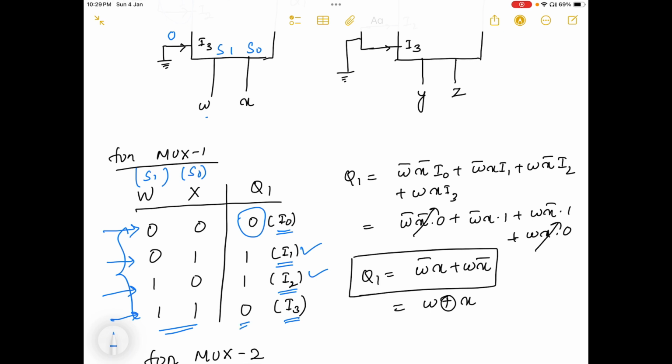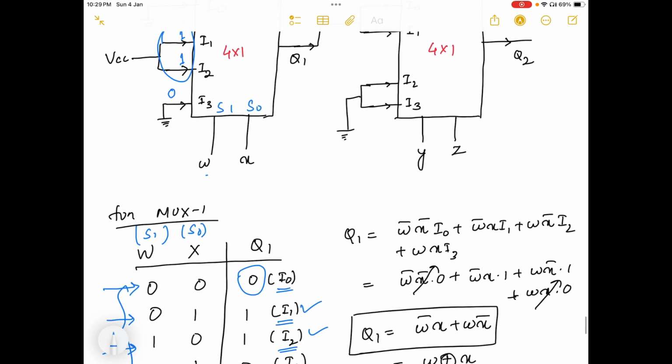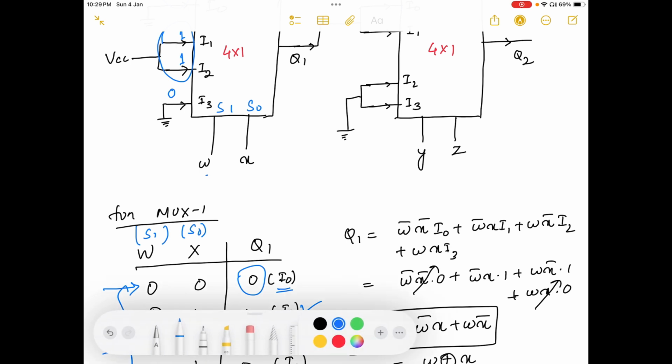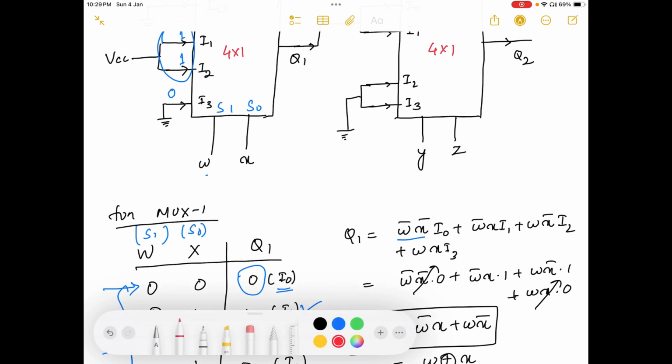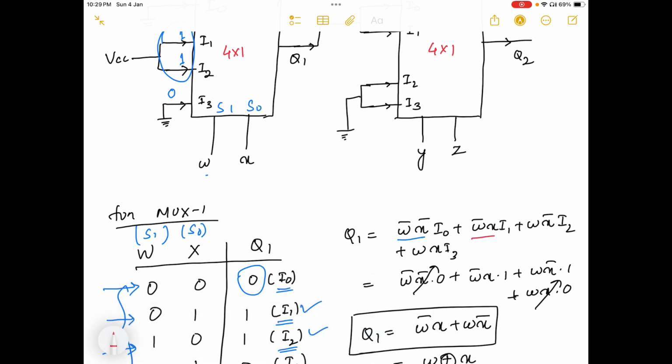From this truth table of the multiplexer, if I want to write down Q1, I can write S1 bar S0 bar into I0, S1 bar S0 into I1, S1 S0 bar into I2, S1 S0 into I3. Instead of S1 and S0 I wrote W and X: W bar X bar into I0, W bar X into I1, W X bar into I2, WX into I3.